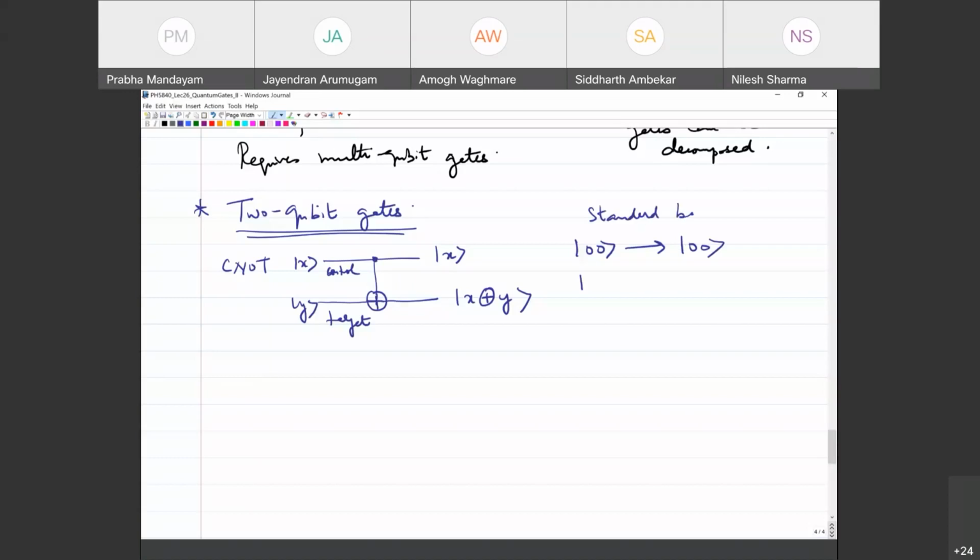Now remember, this is the standard basis for 2 qubits, right? It's the standard product basis for 2 qubits. And what do you mean by product basis? It means that each of these states is a tensor product like this, right? Okay. 1 0 goes to, I'm writing it out in different ways. 1 0 goes to 1 1 and 1 1 goes to 1 0.